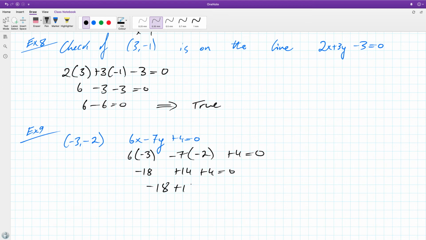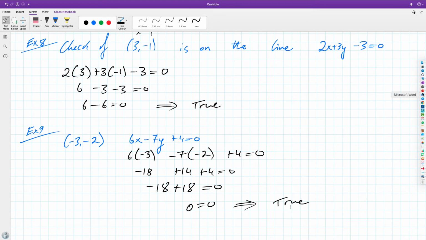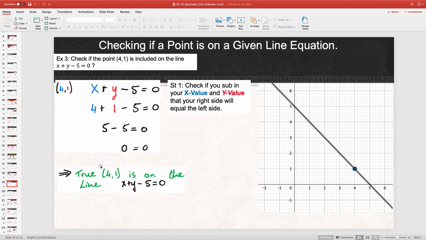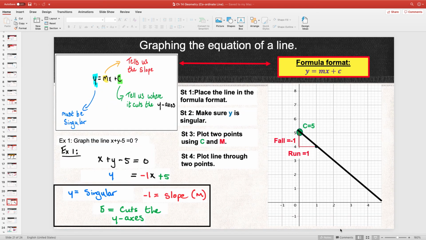Minus 18 plus 18 is equal to 0. Is it? 0 is equal to 0. Therefore, true. As I said, if you're struggling with the signs, use the calculator just to double check it. Right. The next thing.